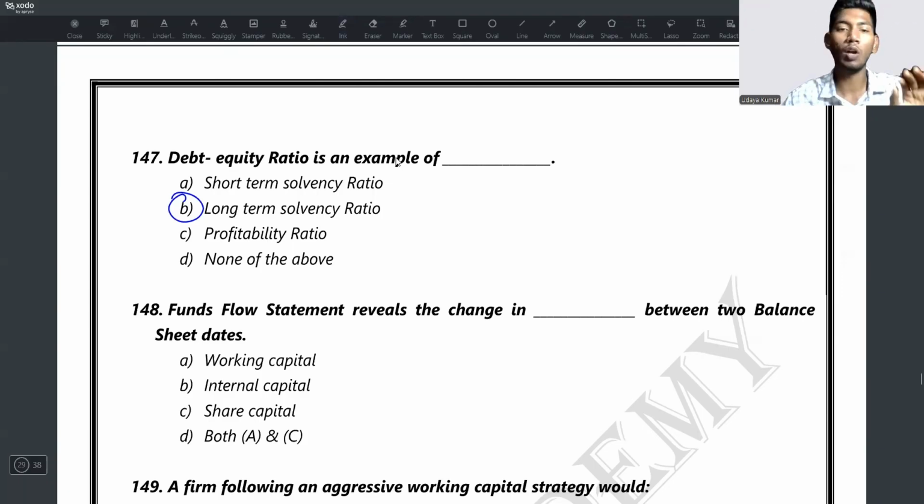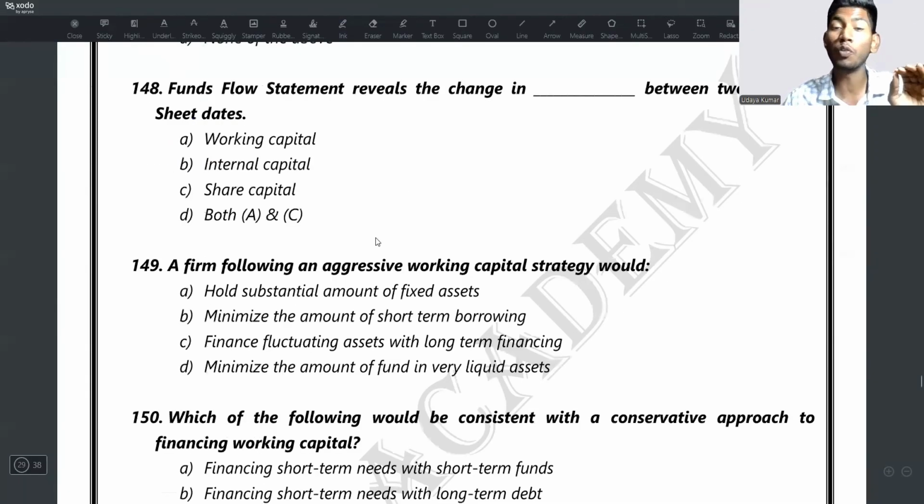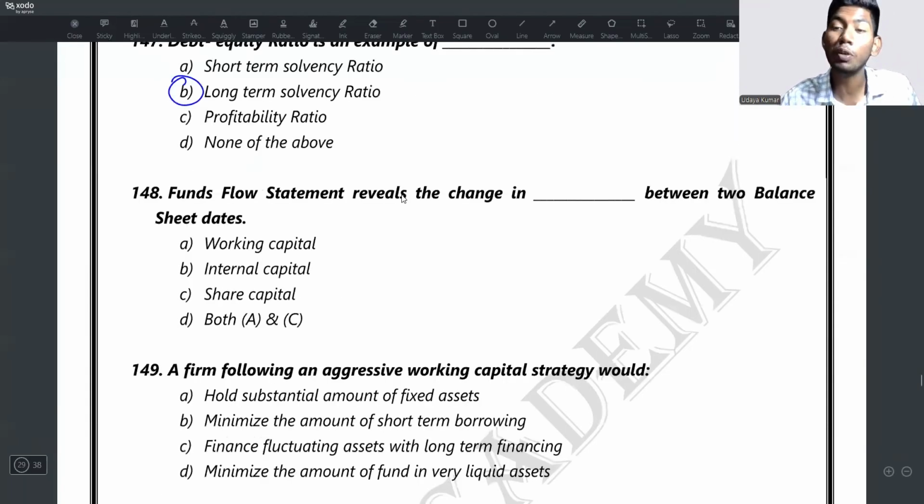Moving to question 148, fund flow statement reveals the change in what between two balance sheet dates? Option A, working capital, B, internal capital, C, share capital, D, both A and C. The fund flow statement shows the changes in working capital, which is current assets minus current liabilities.